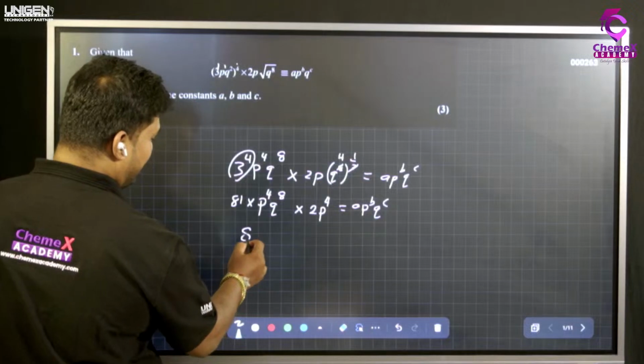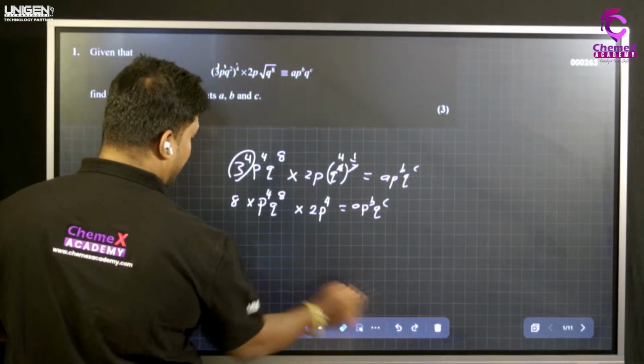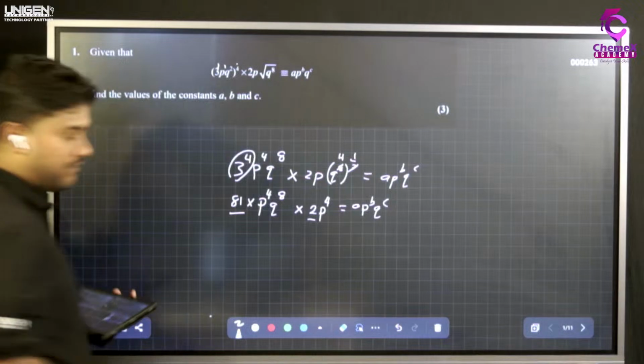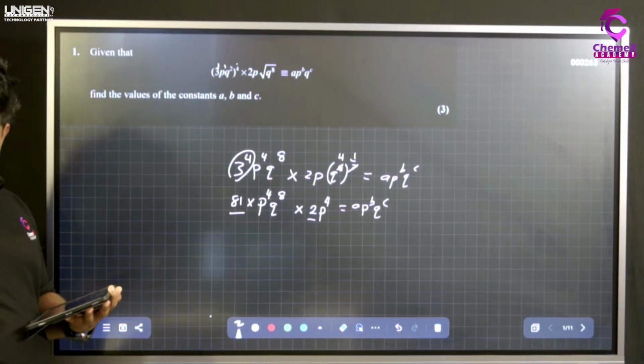So 81 into 2, because I had to multiply these two. So 81 times 2 is how much? 162.